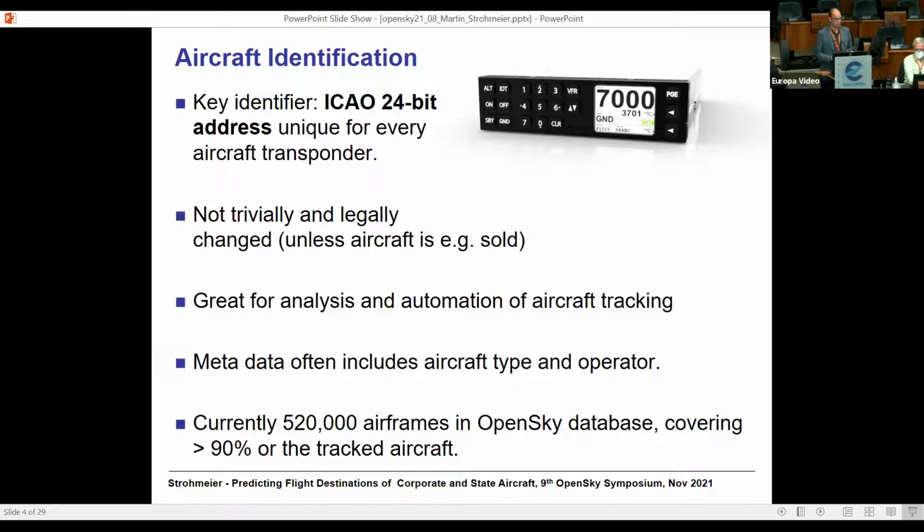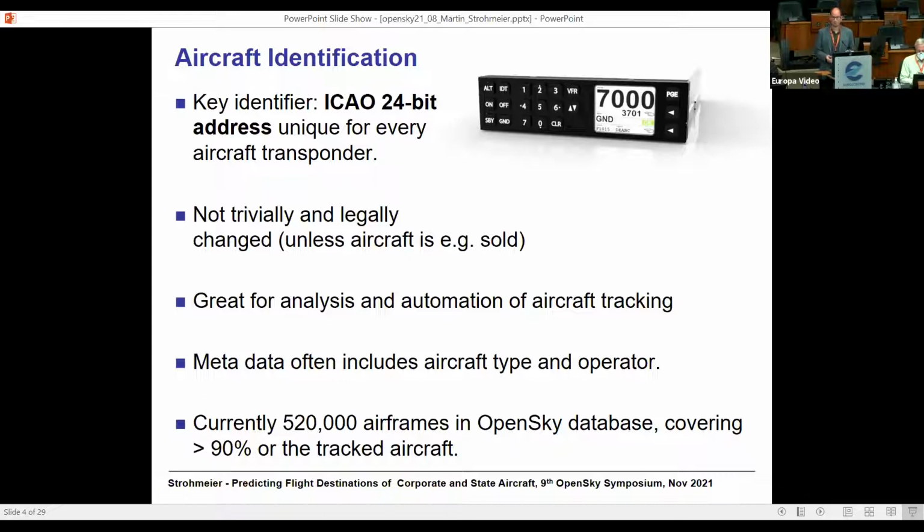It is a much better way to track aircraft than, say, the call sign or the registration, because it's well defined, has certain ranges, and it's less of a risk of errors being introduced during the reception process, also of ADSB sensors. So it's really great for analysis and automation of air traffic tracking.